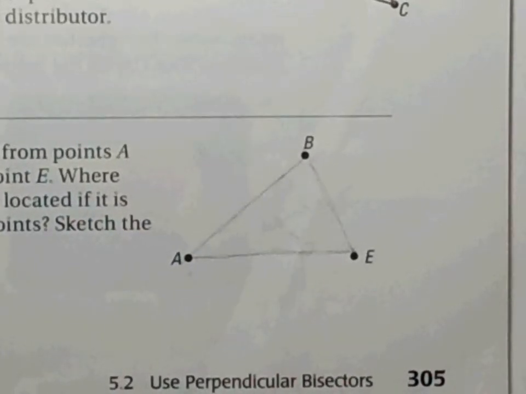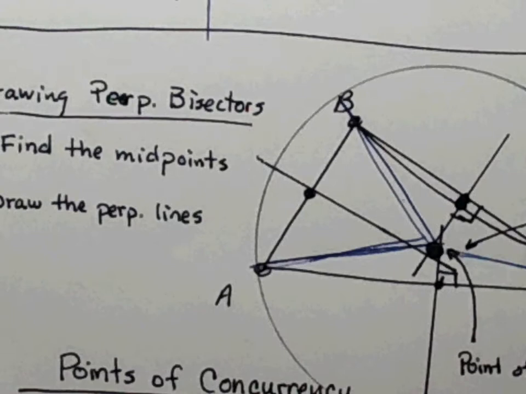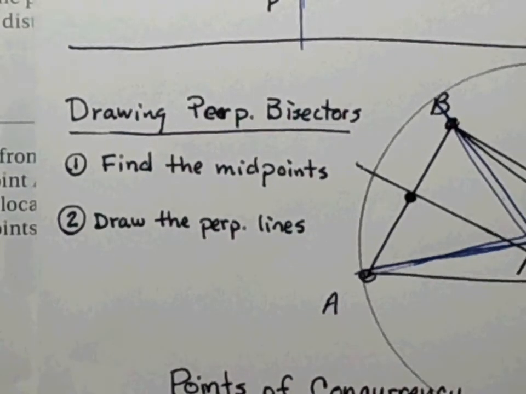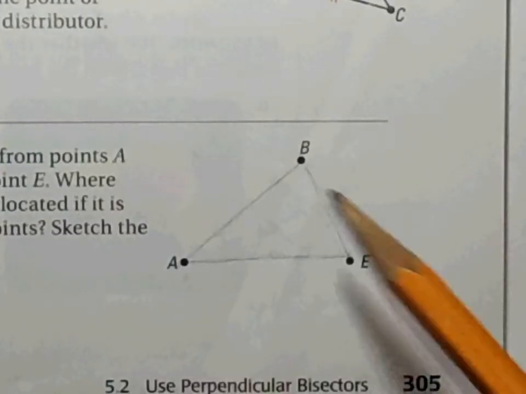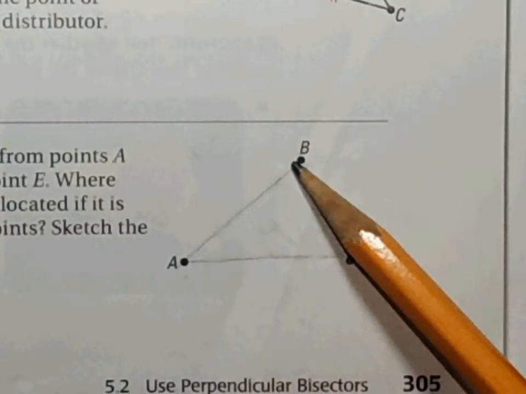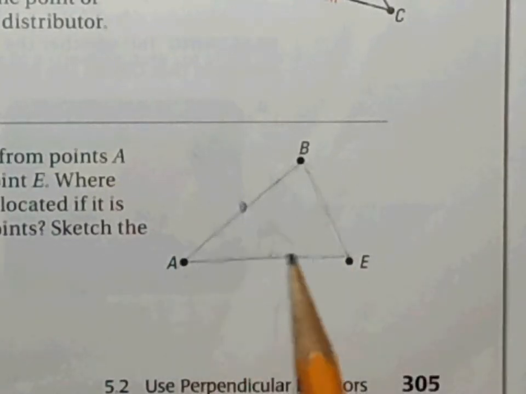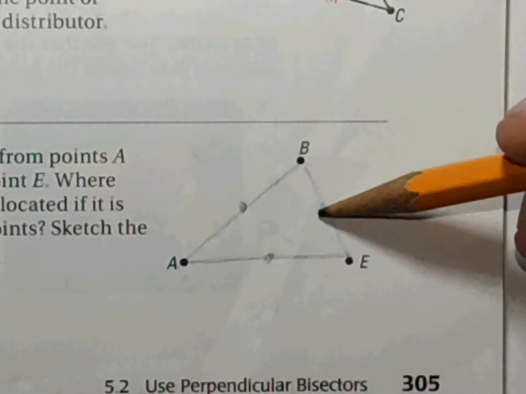Okay? So let's go back and look at our instructions for how we draw perpendicular bisectors. Number 1 is we have to find the midpoints. So I'm going to use a ruler, find the midpoint, use a ruler and find the midpoint, use a ruler and find the midpoint.